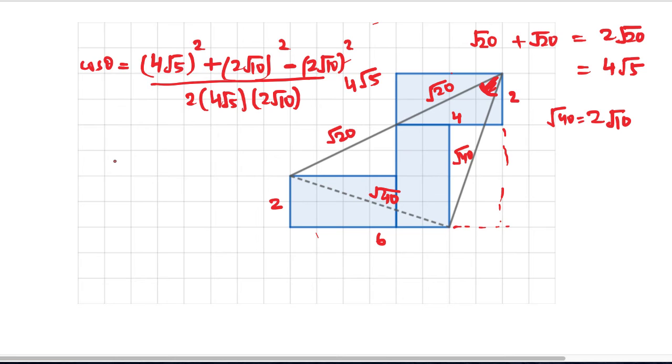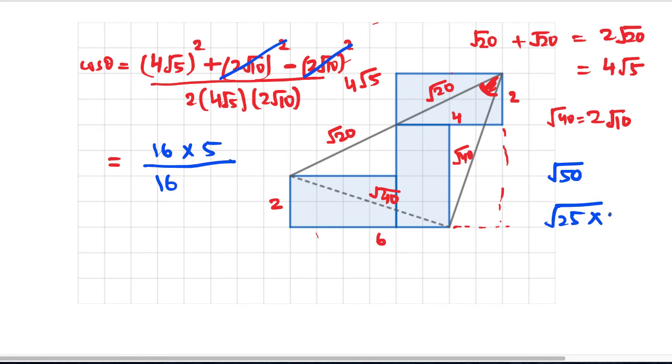Now let's further simplify this. This and this we can cancel out because these two are same. Now this would be 16 into 5, and this would be 4 into 2, 8, 8 into 2, 16, and this is root 5 into root 10 is root 50, and root 50 we can write as 25 times 2, which is 5 root 2.